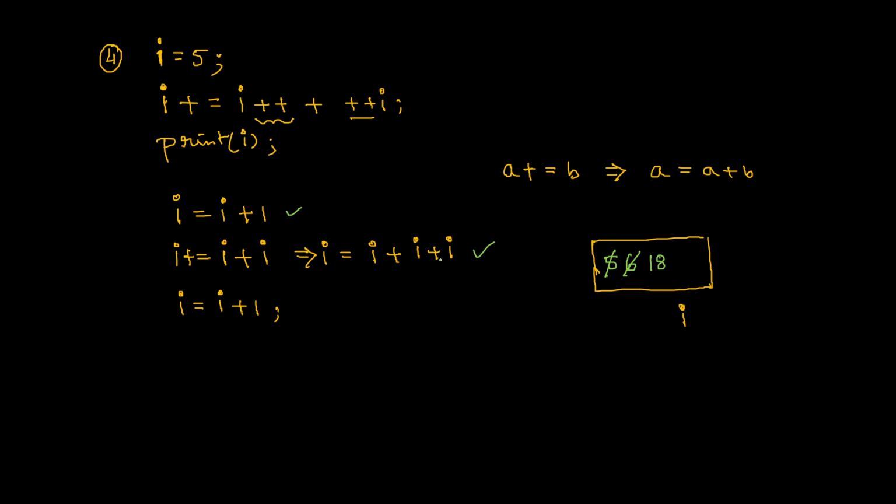And because of this statement, now 18 incremented by 1 becomes 19. So this will print the result 19. So this is how we can use various small programs to realize some typical outputs using these post-increment and pre-increment operations.